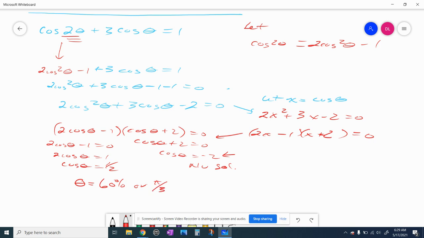And then it also could be 300 degrees, or 5 pi over 3. So those are your two answers right there. I don't know why I put percent, guys. 300 degrees, 60 degrees. There you go.